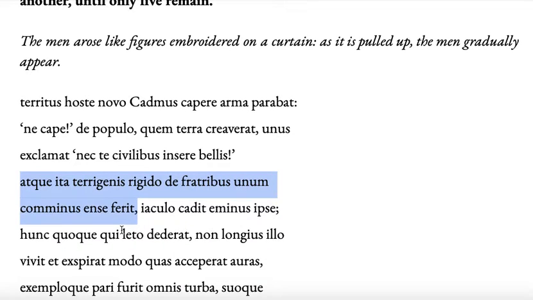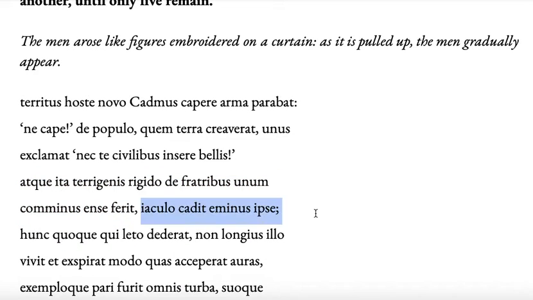And then the next phrase here, Iaculo cadit eminus ipse, which means he himself, ipse, and you can add in a word like and here. So there's no word et in the Latin, but we can add it in English. And he himself, ipse, falls, cadit, by a spear or to a spear, iaculo.